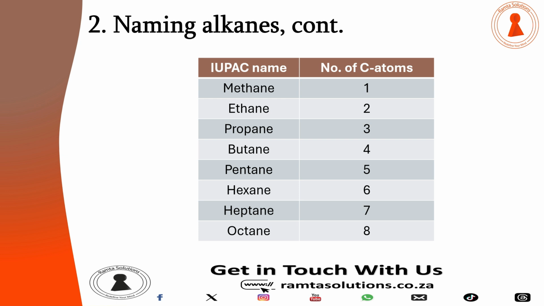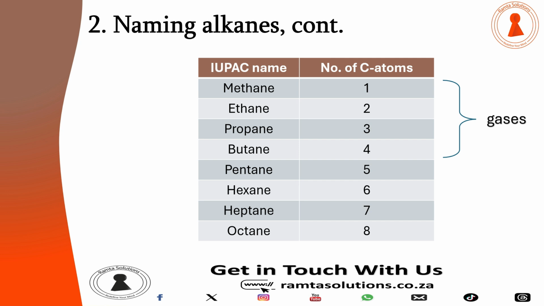Now, I want you to remember this. The first 4 alkanes are gases at room temperature. I repeat, the first 4 alkanes are gases at room temperature, and the rest are liquids.